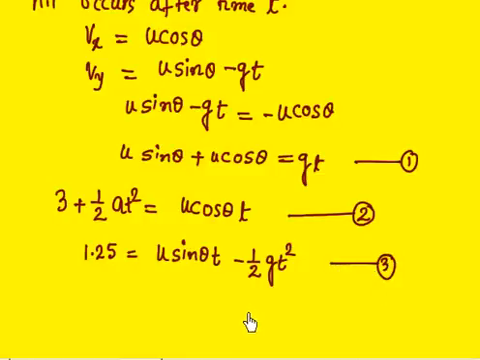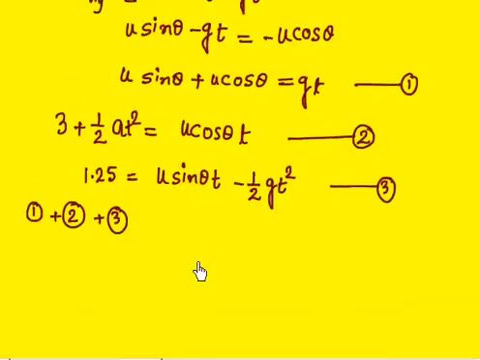So I have to solve these 3 equations. That is very important. You see what we can do is, if I add these 2 equations, I will have u cos theta plus u sin theta, and that is basically g t. So let us say if I add all the 3 equations, what I am doing is 1 plus 2 and this plus 3.